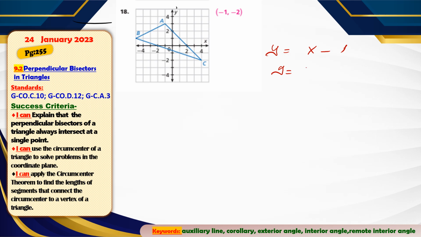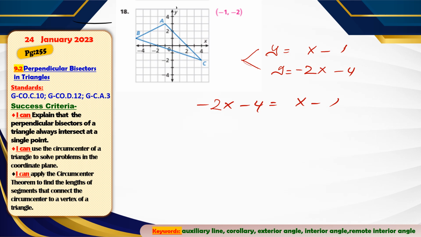Now since both the equations are equal to y, in order to find the point of intersection, we keep the equations equal to each other. So we will write negative 2x minus 4 equals x minus 1. You can also write x minus 1 equals negative 2x minus 4. Both are the same.